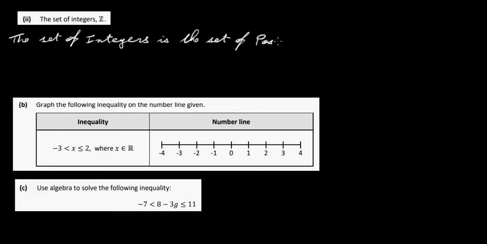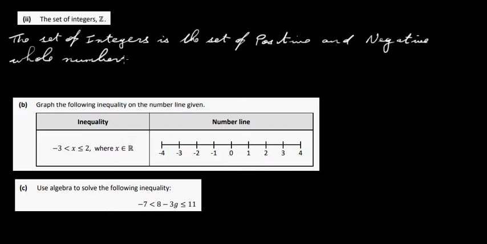The set of integers then, the set of integers is the set of positive and negative whole numbers and 0.